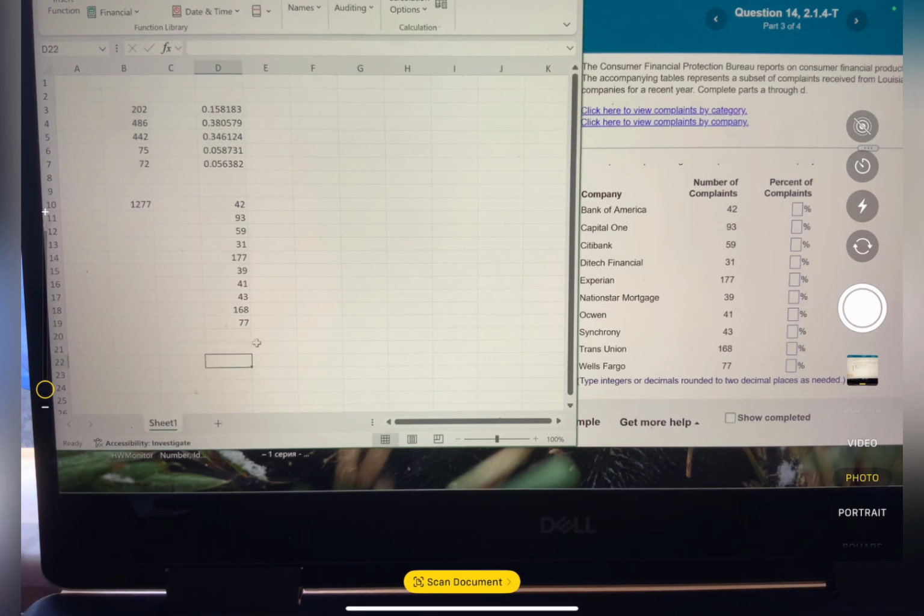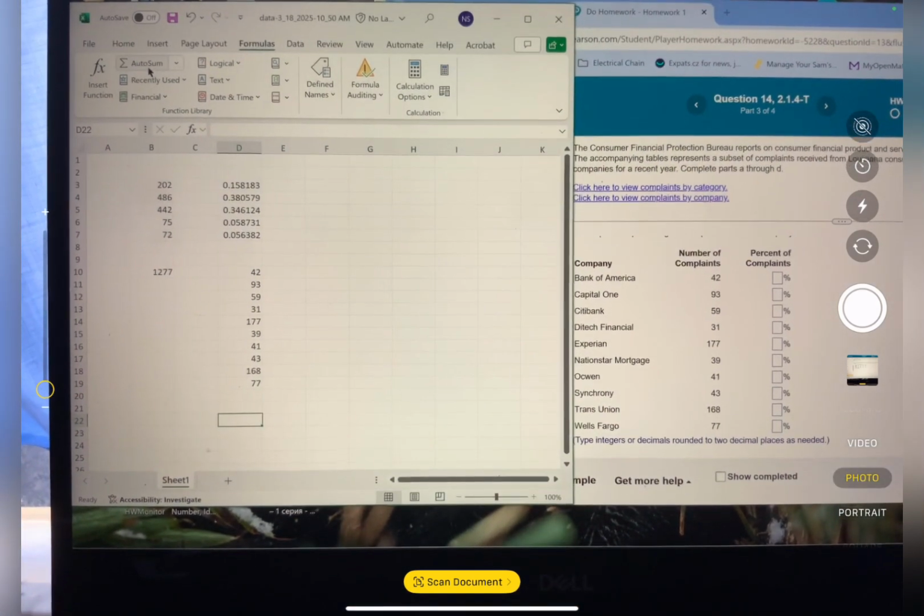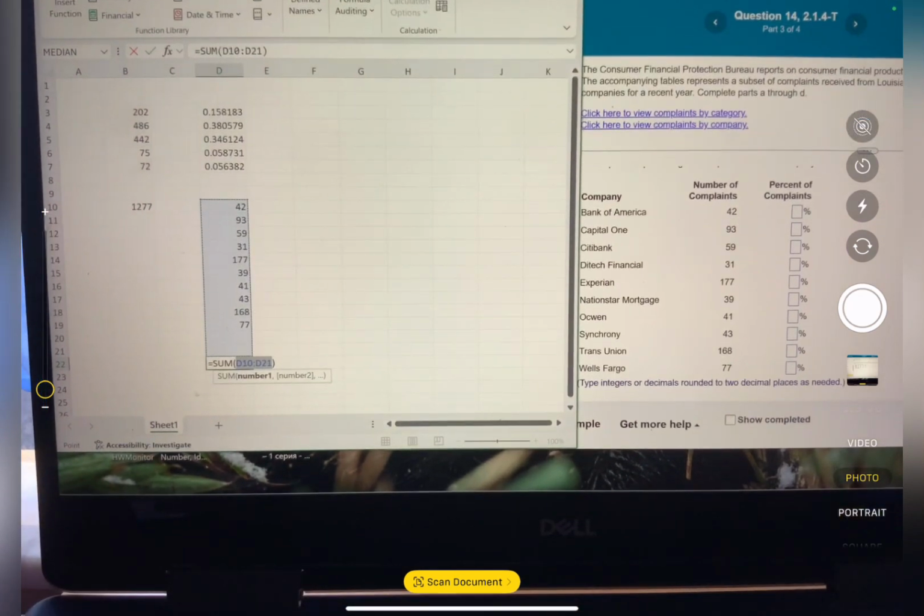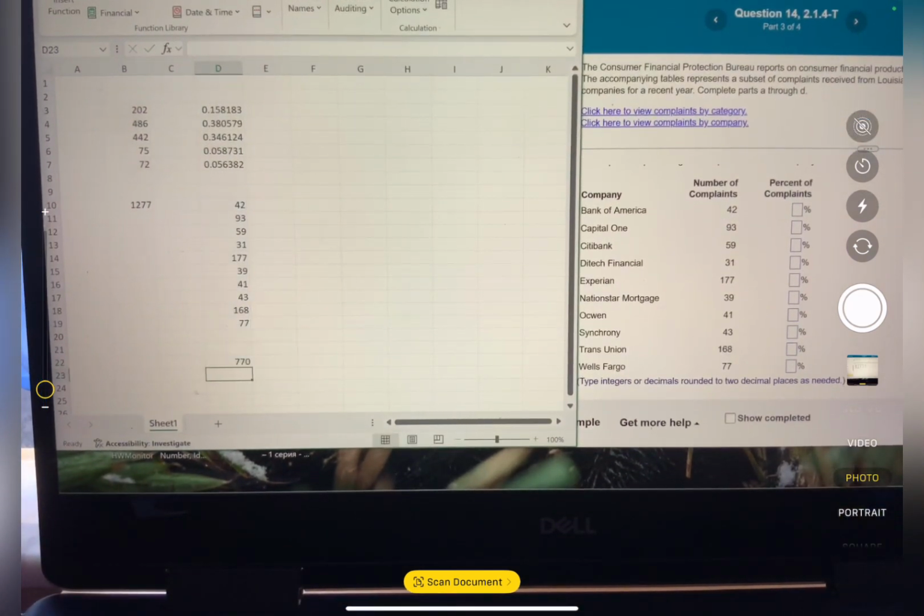So first we get the sum using formulas, and we have a total of 770. Then the same way, equal sign, 42 divided by 770, which is D22, and I can put the dollar sign here also. The rest I just drag down to get all the data, and we need to round to 2 decimals.